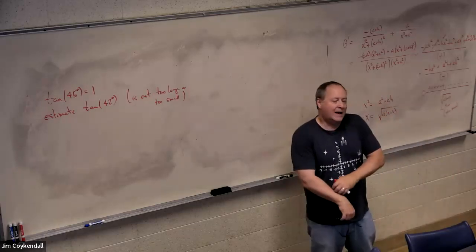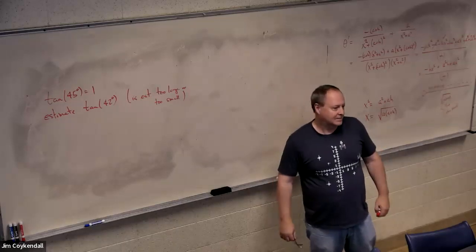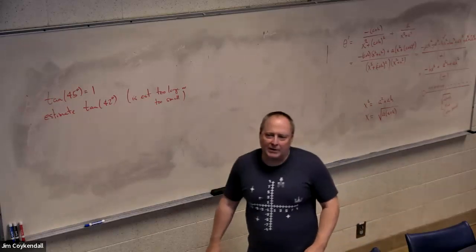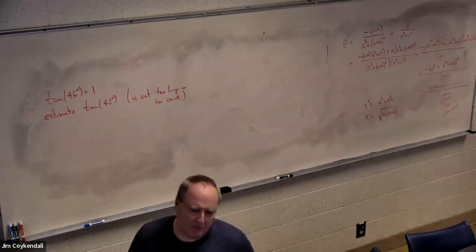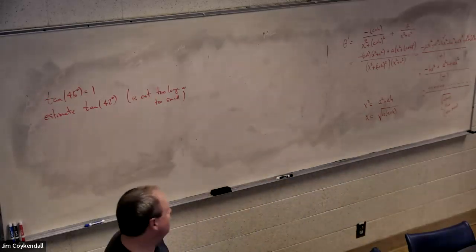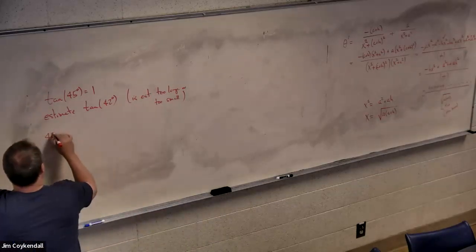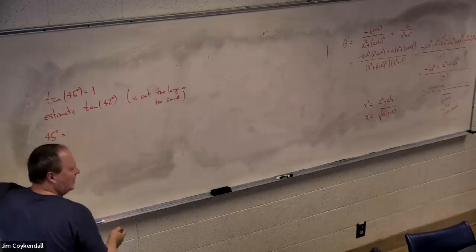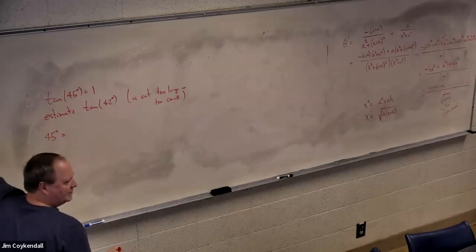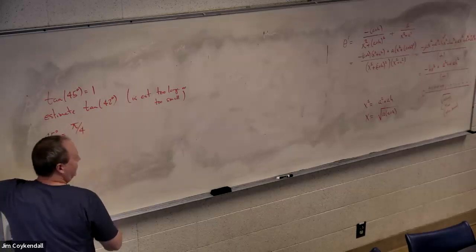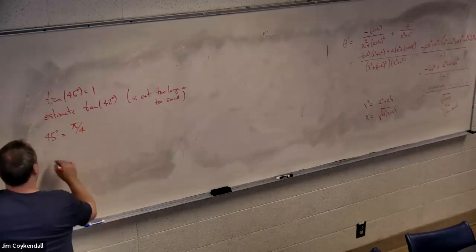What's the derivative of sine x? Cosine x, right? That's in radians. Do it in degrees, it's something like cosine x times pi over 180. So 45 degrees, anybody know how many radians that is? Pi over 4. What about 42?